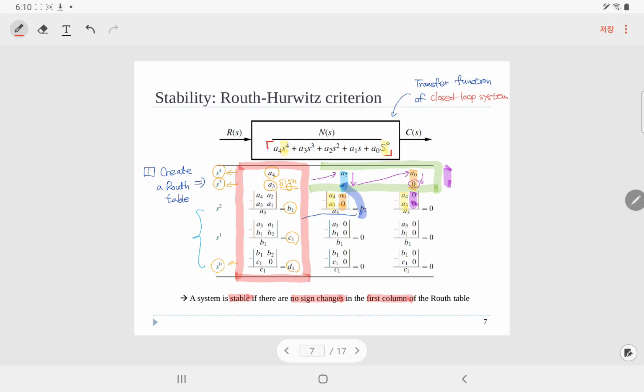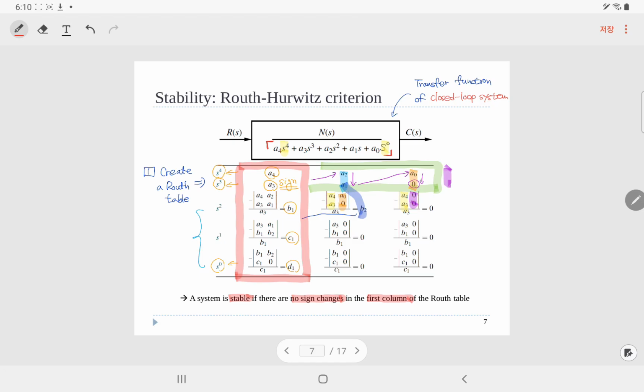This means that if in this case the 5 entries A4, A3, B1, C1, and D1 have identical sign, plus or minus, then the considered system is stable. However, if there is a sign change among these entries, then the system is unstable.